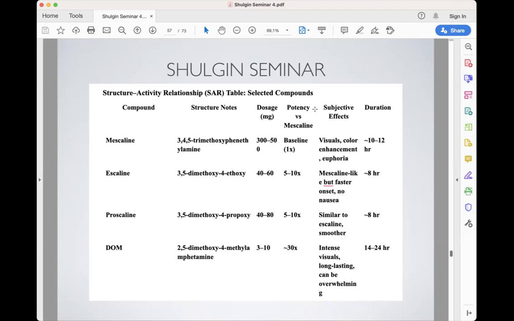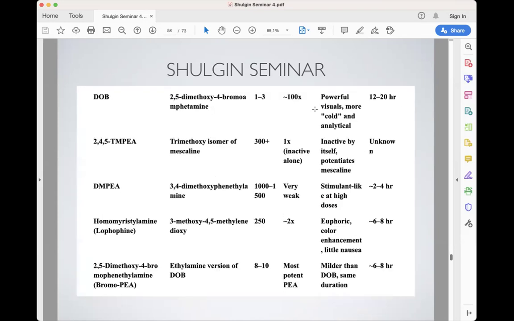All right. So all those compounds that are listed in alphabetic order in PiHKAL are here described in a structural progression, where he begins with the simplest compound, and out of it he develops all of those secondary subsidiary families.